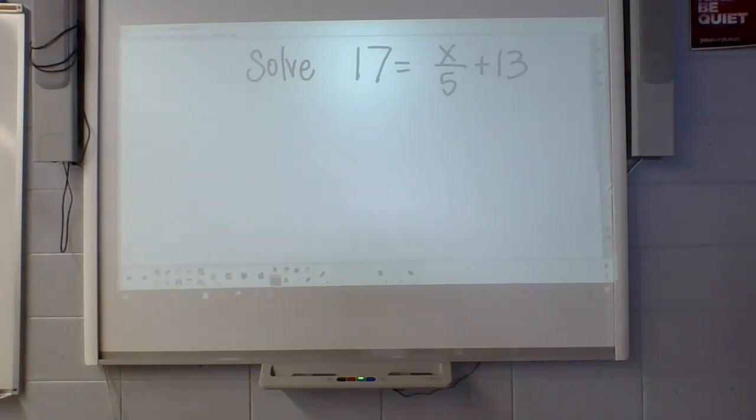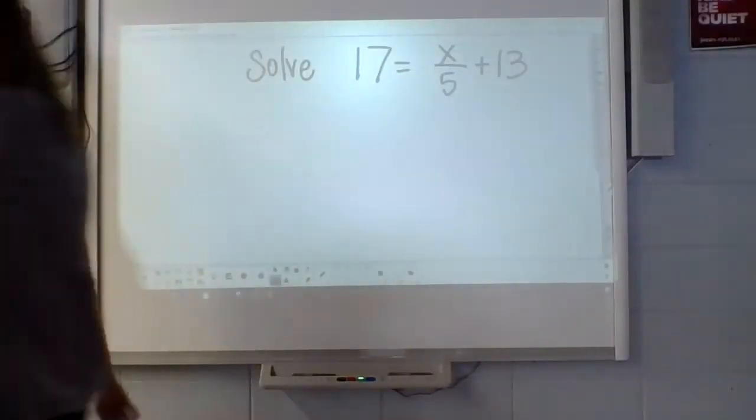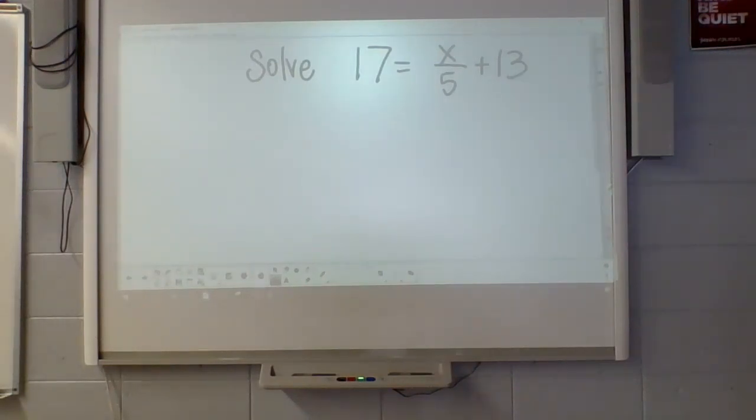So this is being divided by 5, so I would leave that. I'll get rid of the 13 first. The add or subtraction we want to get rid of first.